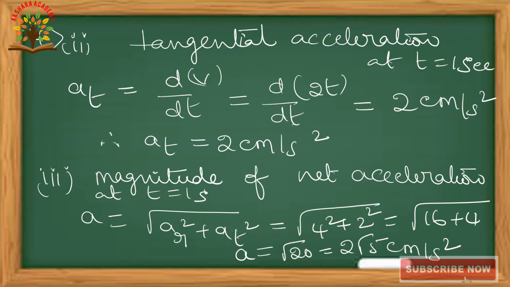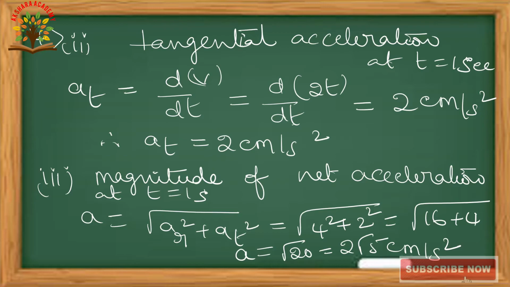And the third one we are calculating magnitude of net acceleration, that is A equal to, formula for this is A equal to square root of a_r square plus a_t square. a_r just now we calculated, that is a_r equals 4 centimeters per second square, and a_t 2 centimeter per second square.